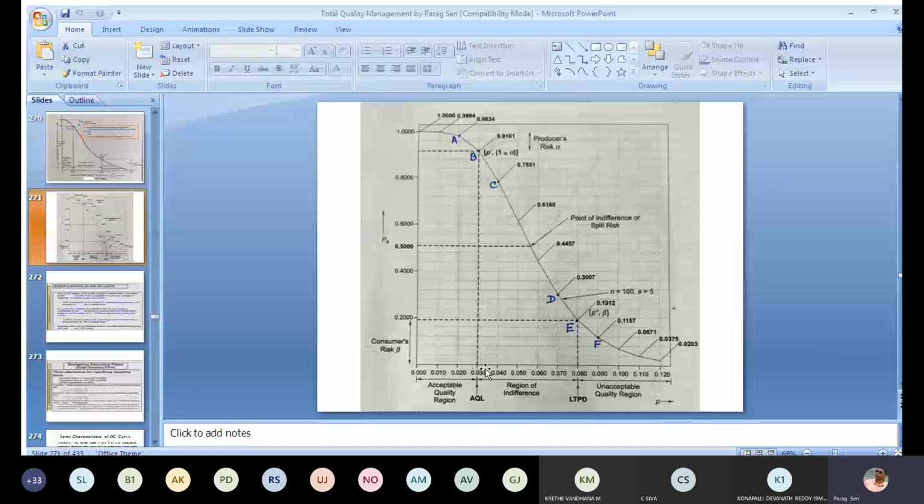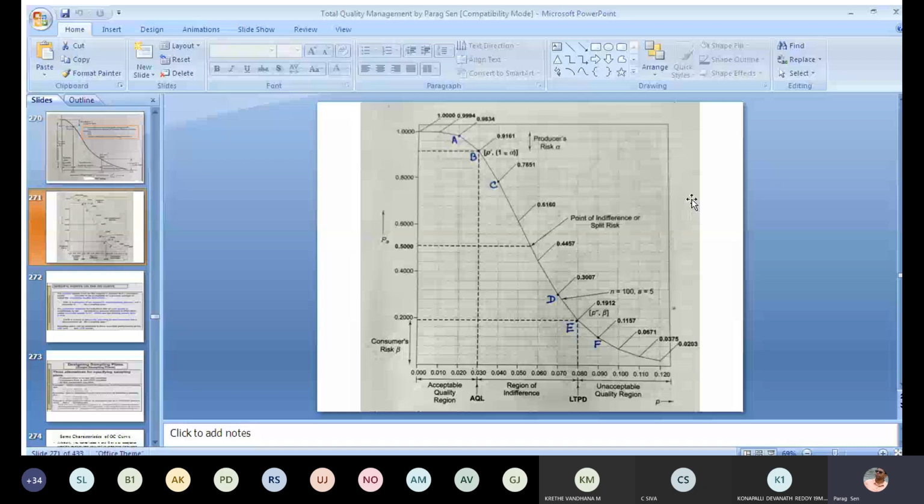Then, by varying the values of sample size and acceptance number using the trial and error method, they determine which particular curve for the Poisson distribution will pass through those 2 points.